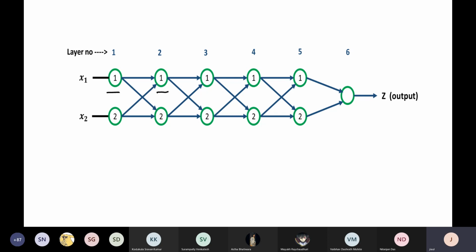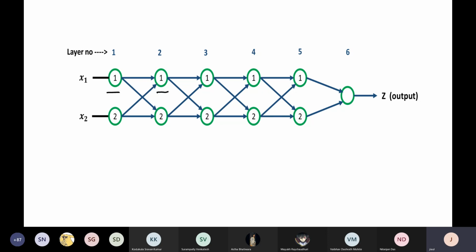When you are passing information from the first layer to the second layer, one level of transformation is happening. From second to third, you are doing another kind of transformation. Third to fourth, another kind of transformation, and so on and so forth. So the deeper the network, the number of transformations is also going to be very, very high.